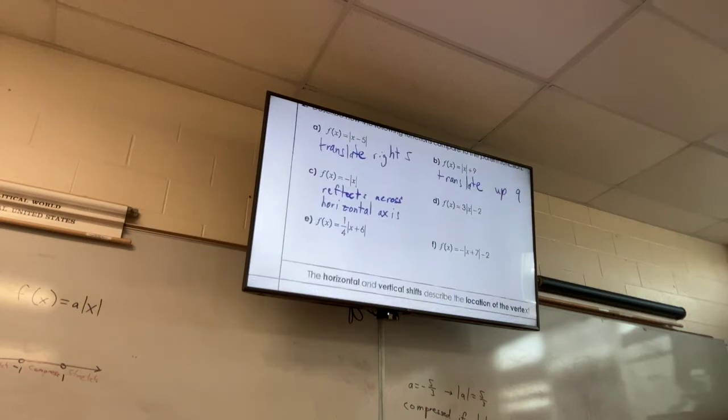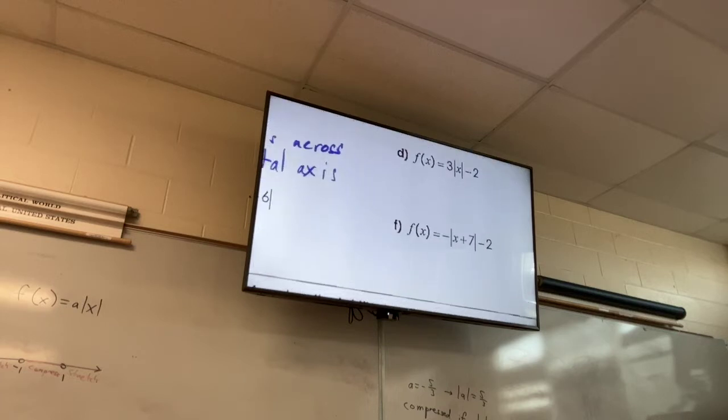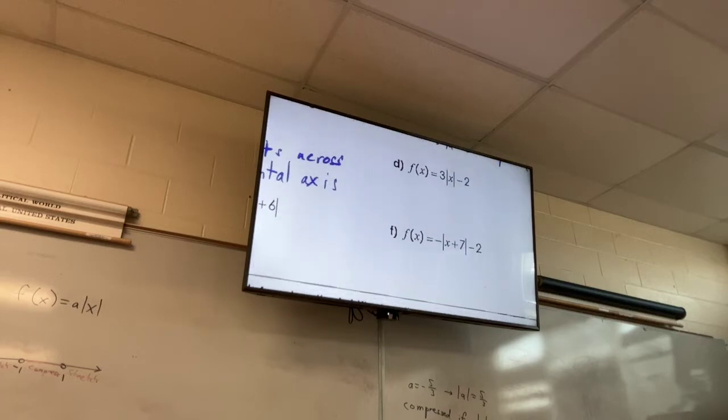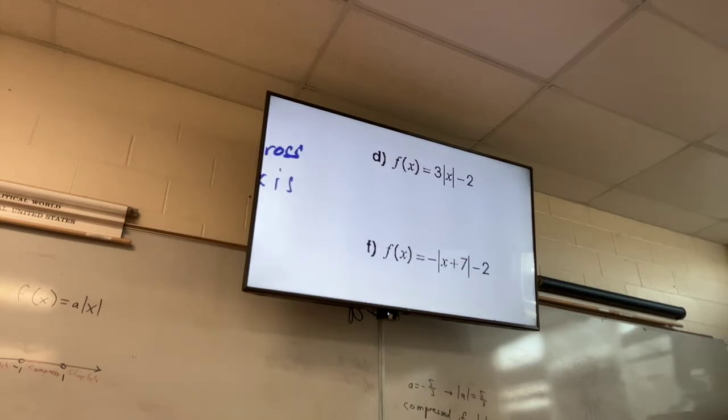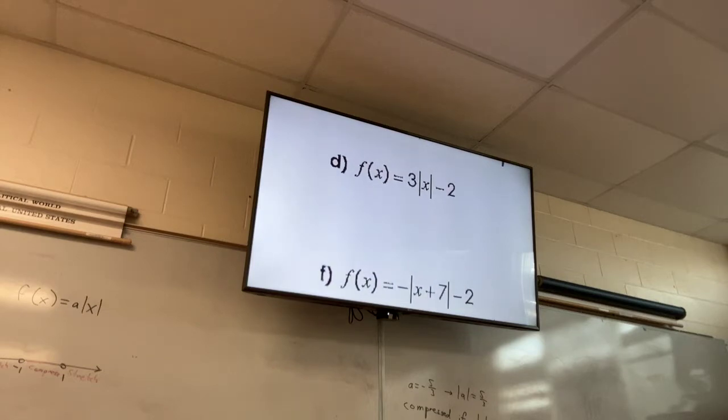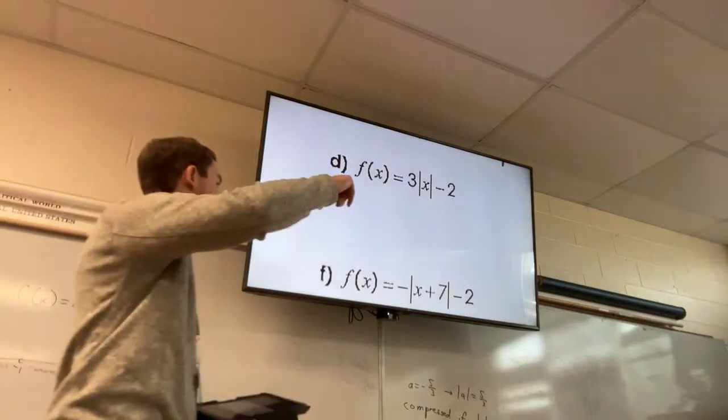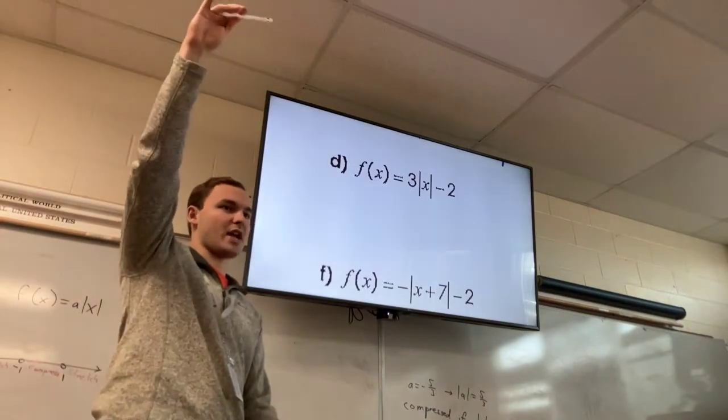For D, we've got 2 transformations, right? What are the 2 things that happen for D? Something happens with the 3 and then it goes down by 2. That's a 3 times, so a times is going to either compress or stretch, right?